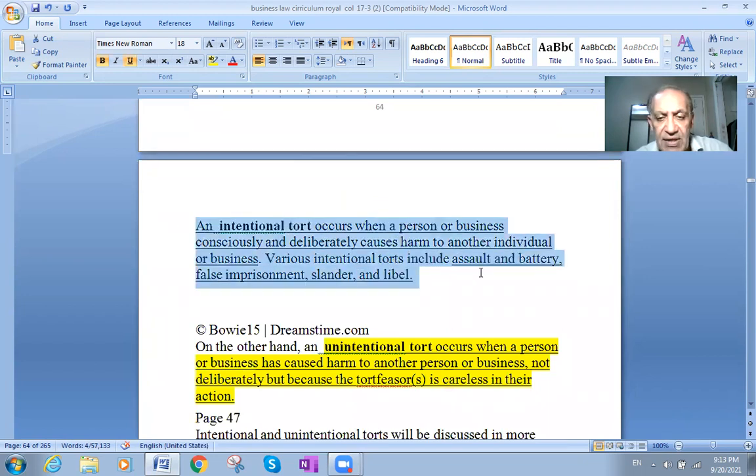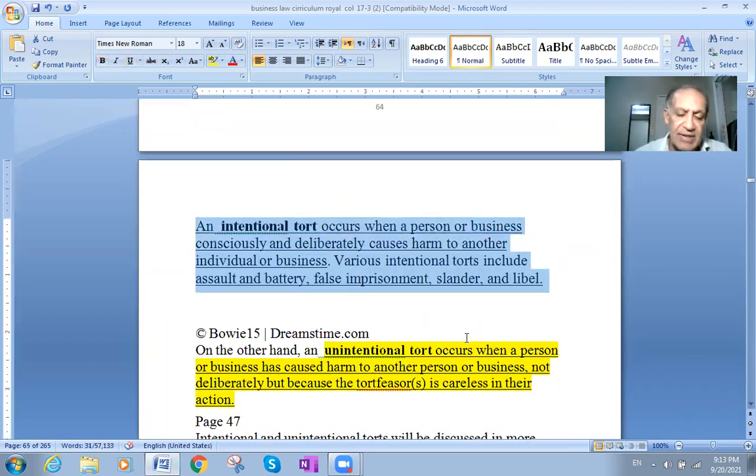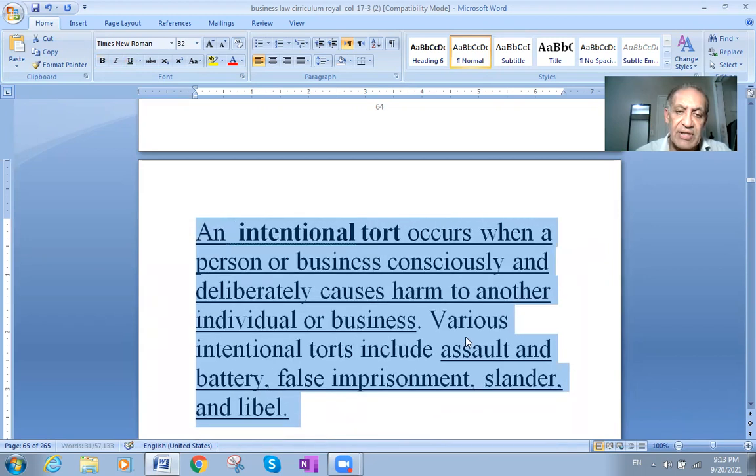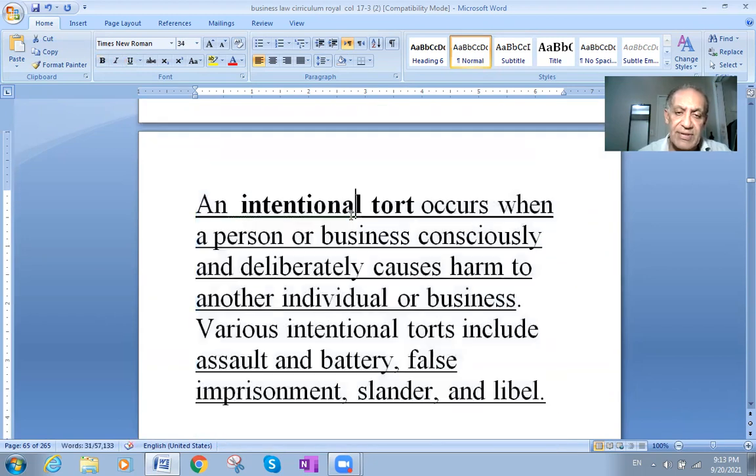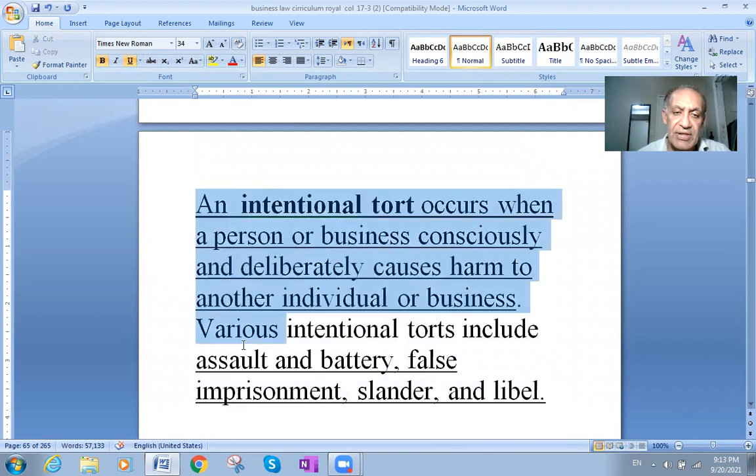So what do we mean by intentional tort? Intentional tort occurs when a person or a business consciously, knowing very well, and deliberately causes harm to another individual or business.